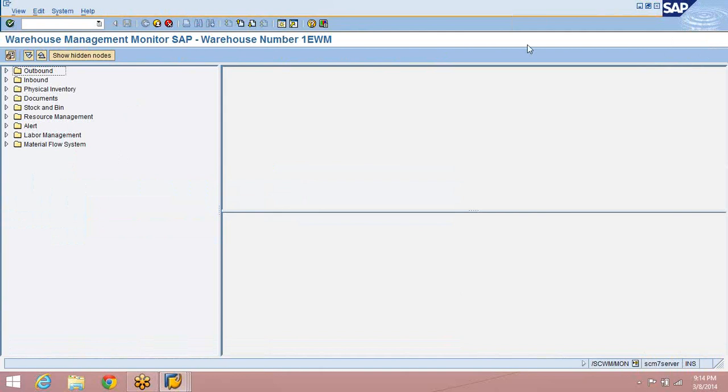So here the monitor is one of the core things. The user would be spending, I would say, almost all of his time in the monitor. It's not only an area to fix problems like your open TOs, TRs, negative stock, or delayed TRs, but it is to process all the inbound, outbound, internal, physical inventory, everything pretty much.